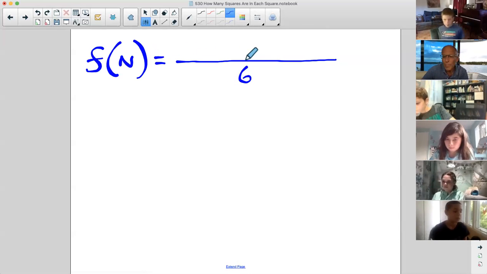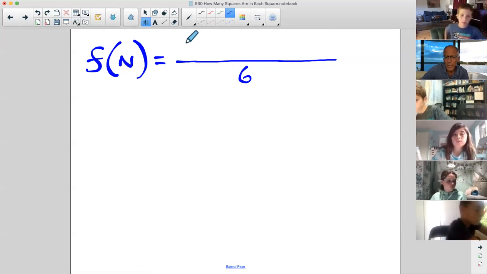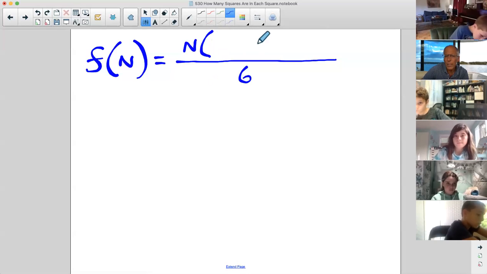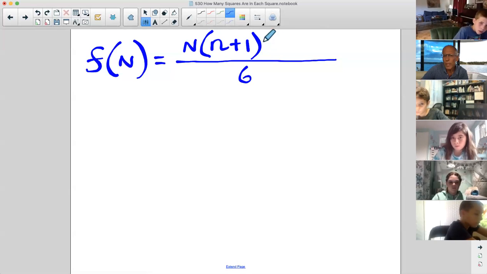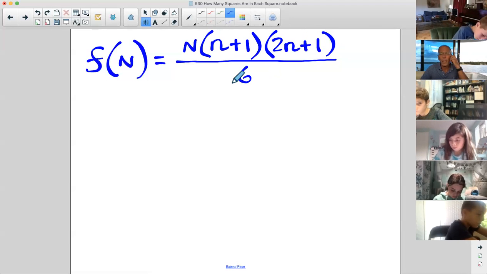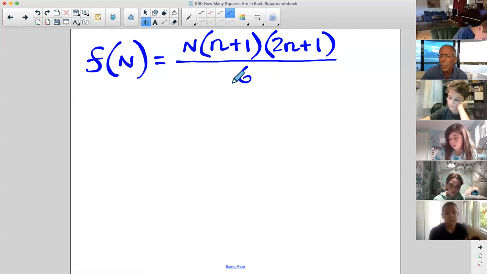Okay, you guys ready? On the top, in the numerator, n times the quantity of n plus 1 times the quantity of 2n plus 1. Now, if you don't understand what that means, that's okay, because I really haven't explained it yet.